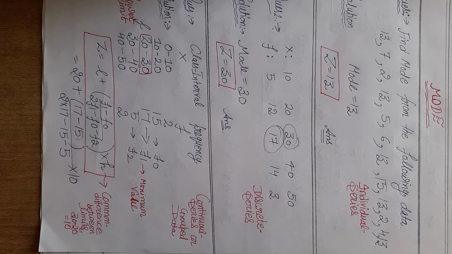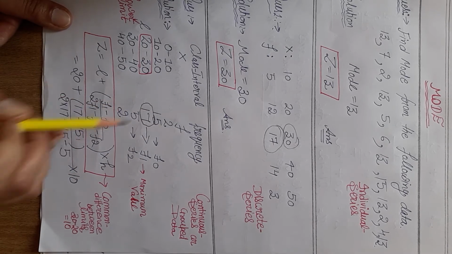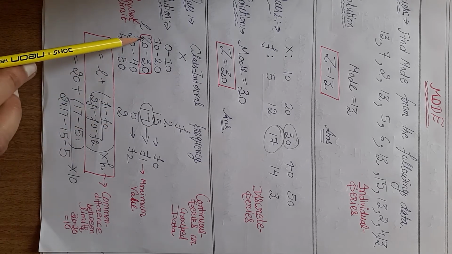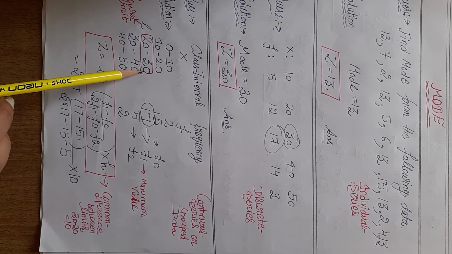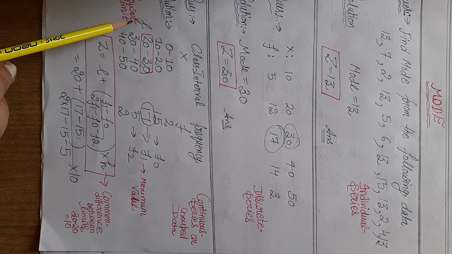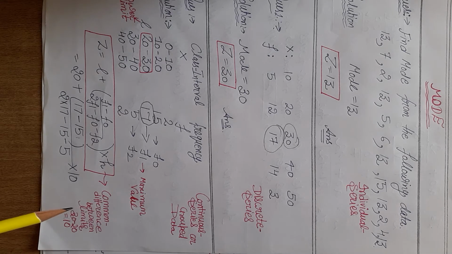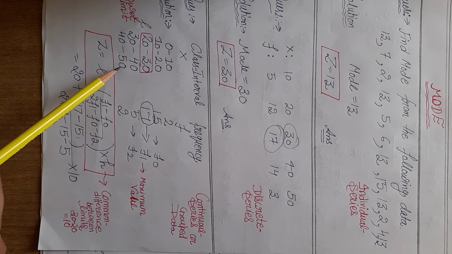We concentrate only on our maximum value, that is 17 here, and you take the interval in front of it, that is 20 to 30. So we take the lower limit 20 here. And what is h? h is the common difference between the upper limit and lower limit. You can see the common difference is 10 in the whole series.